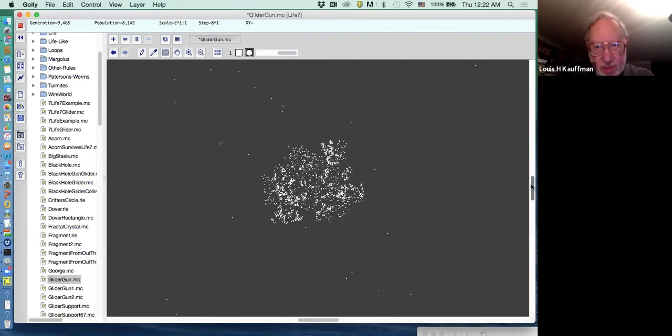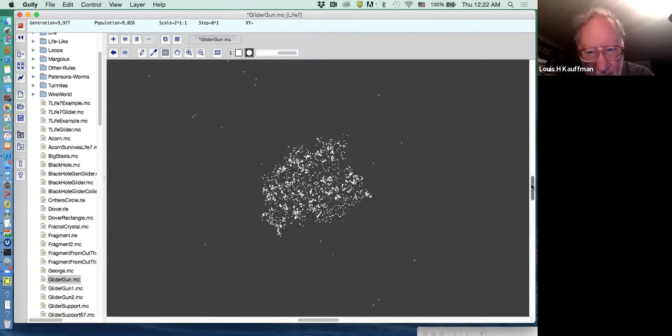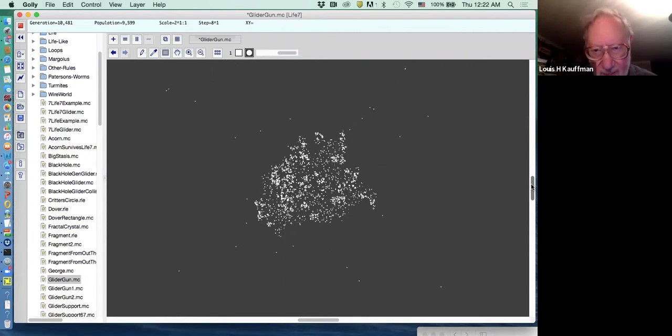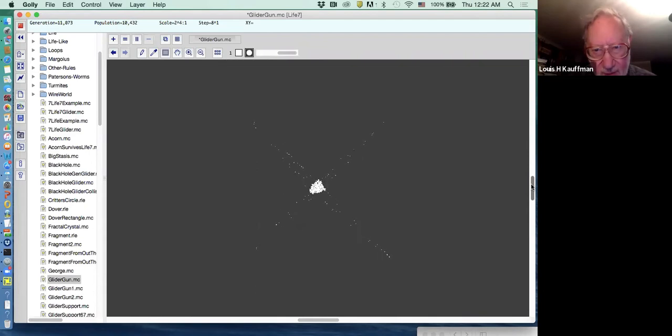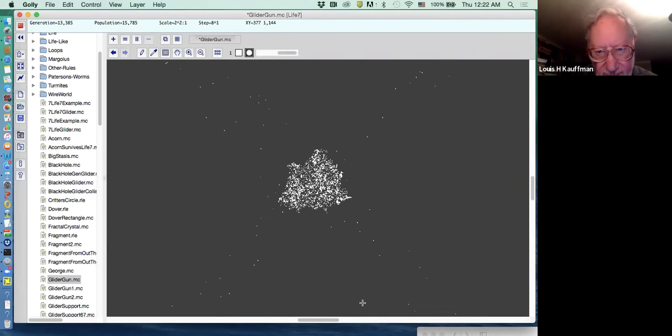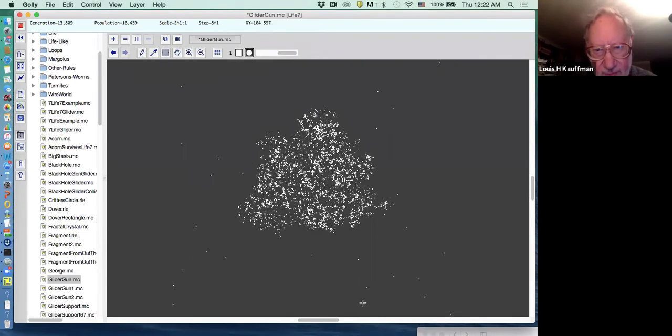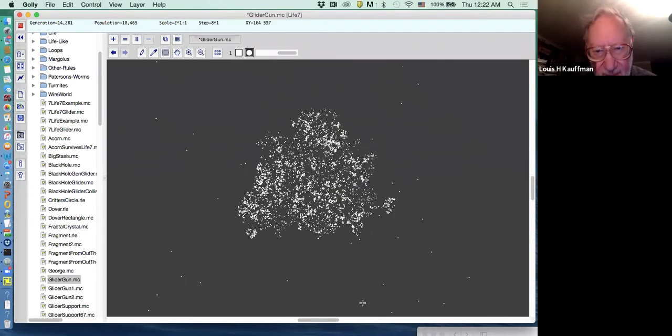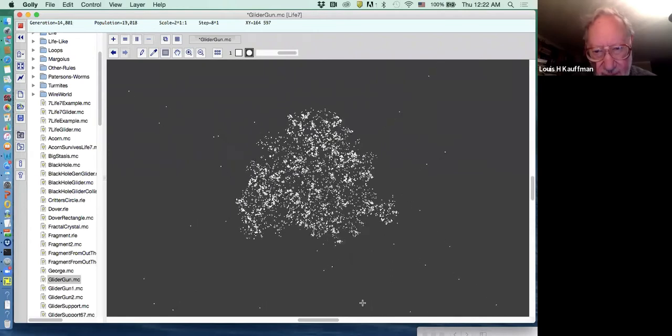But there it is, working away. And if you step back some distance from it, you see that you have a little universe which is sending gliders out in 4 directions. And this universe is behaving quite actively and working away on itself like that.